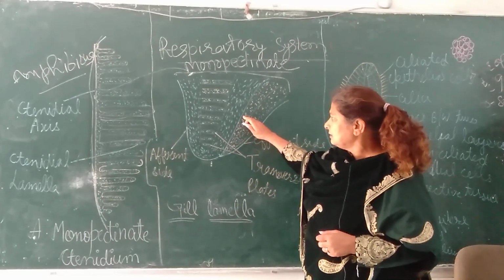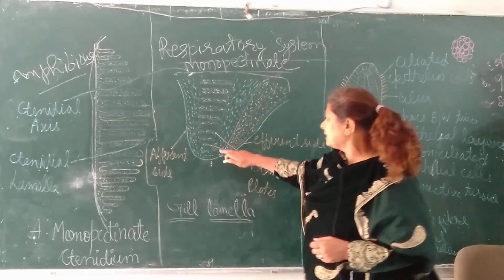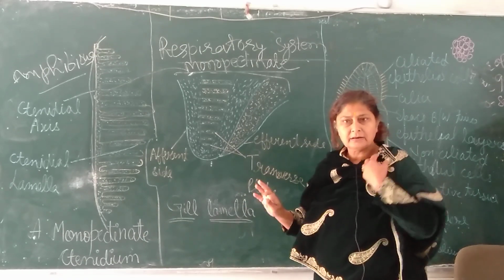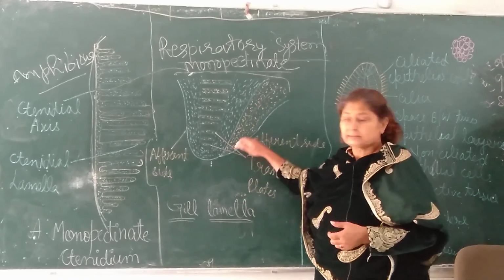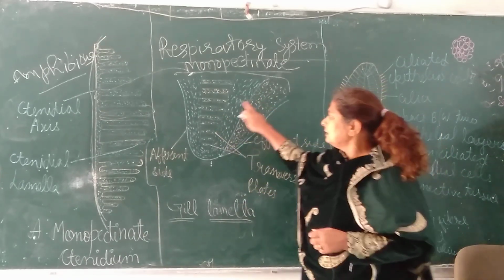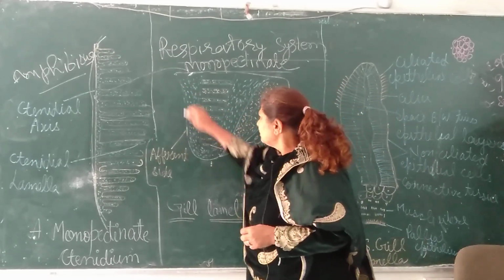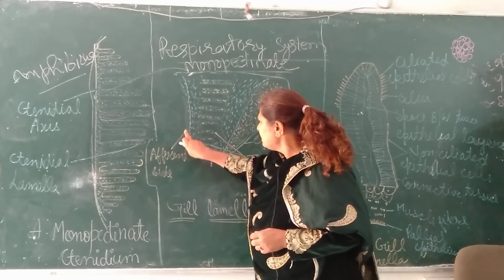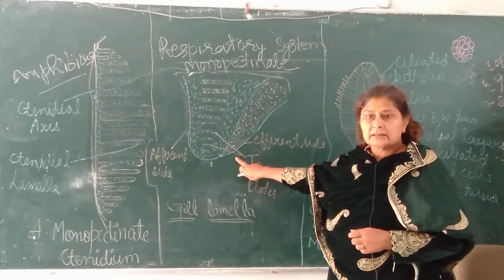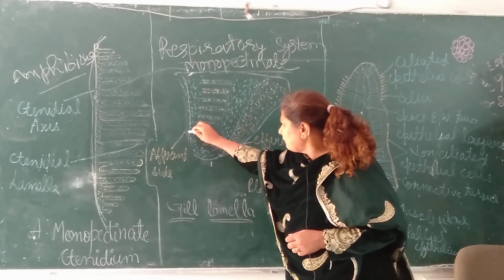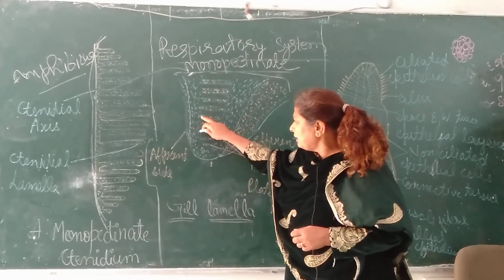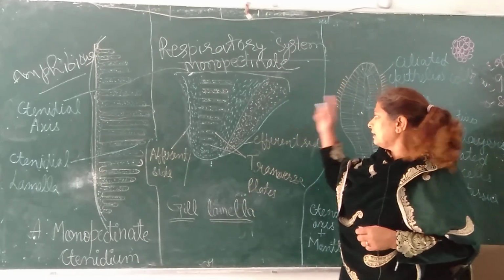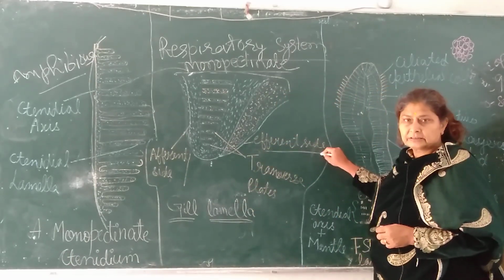Each lamella is triangular in shape, that is fine. Everyone understood? It has one side curved and another side expanded. The curved portion where it moves inward is called the efferent side, and the other is called the afferent side.